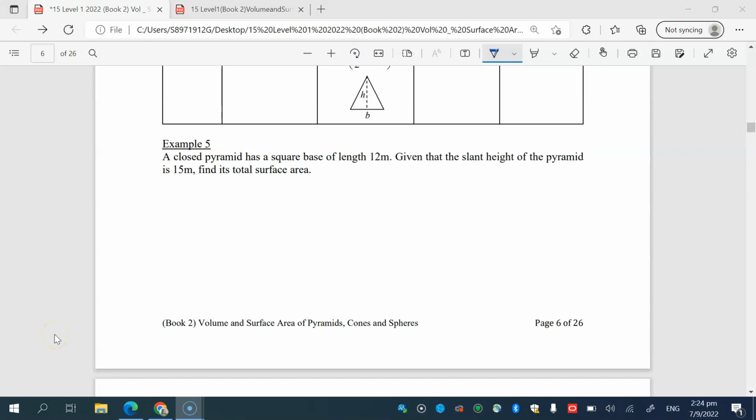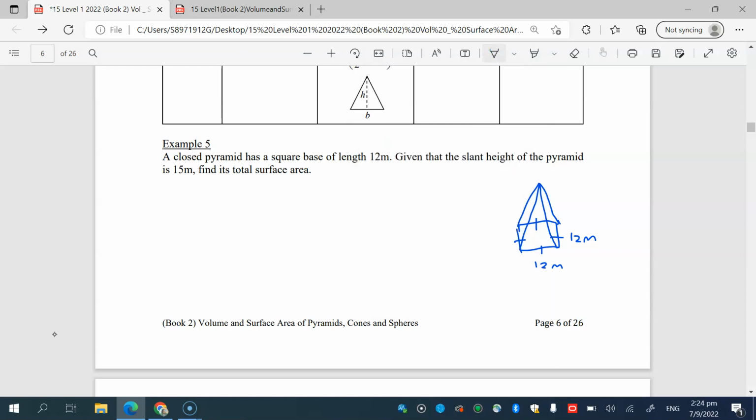Alright, so if you want to draw the pyramid out, you have a square base, like that, 12 meter, 12 meter. And then you have a pyramid that looks like this. Okay, and they're telling you the slant height is 15 meters.